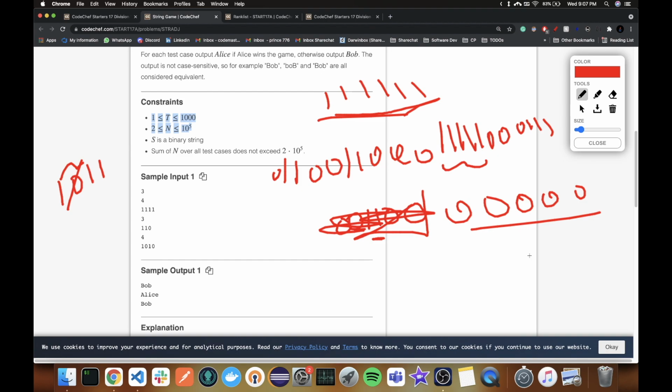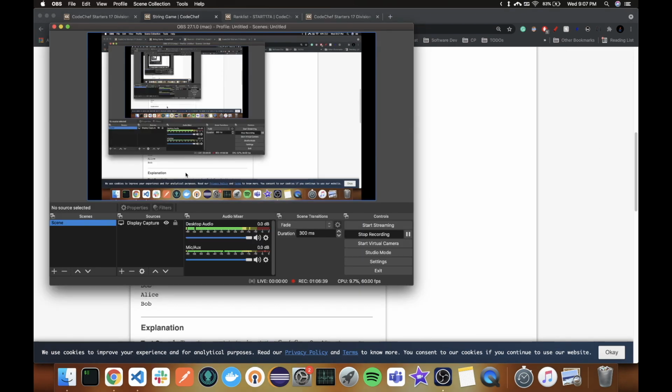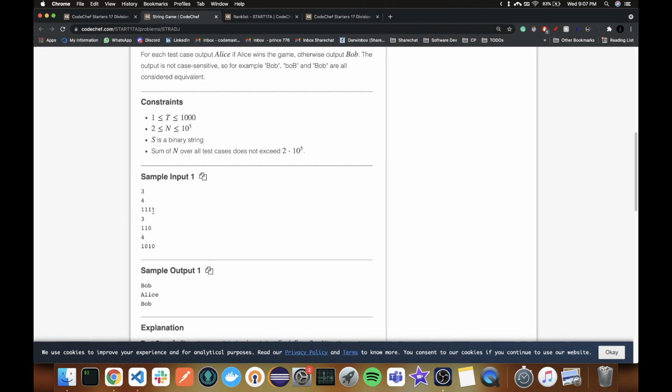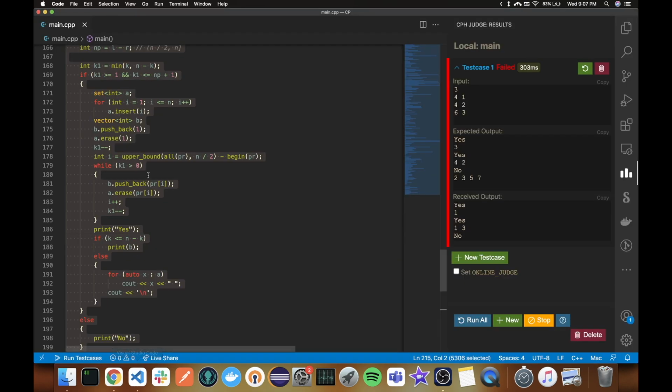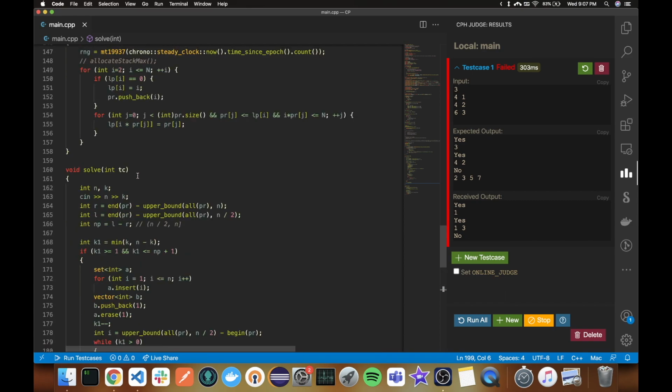Wait, the final length of the string would be 2. Obviously, the final length of the string would be 2. Yes, that's right.